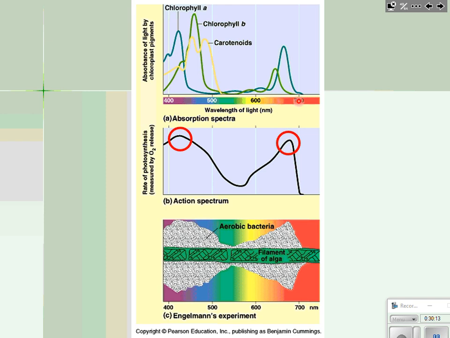If we shine red-orange light on the plant, the rate of photosynthesis remains high. But if we shine only green light and yellowish green light on the plant, notice the rate of photosynthesis drops way, way, way down.